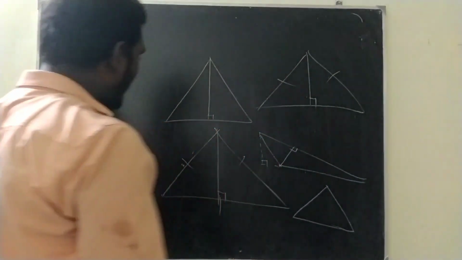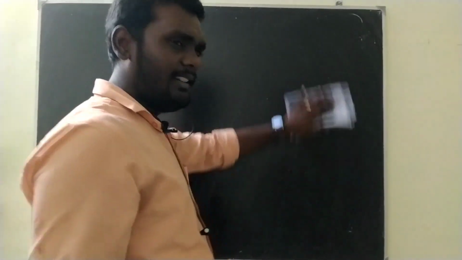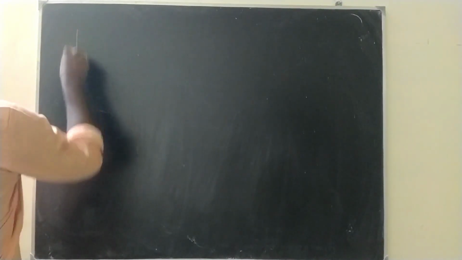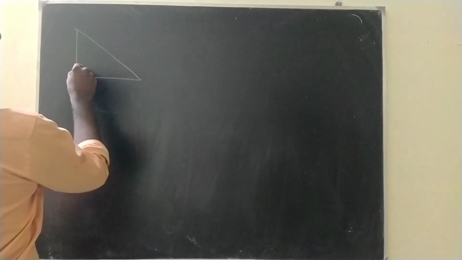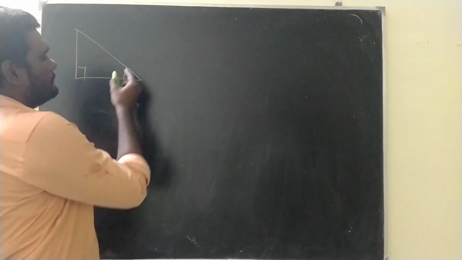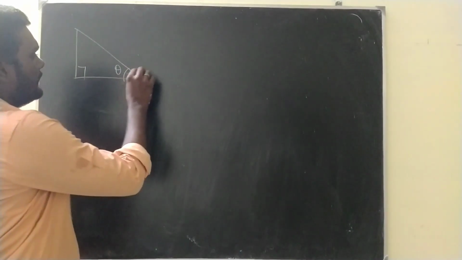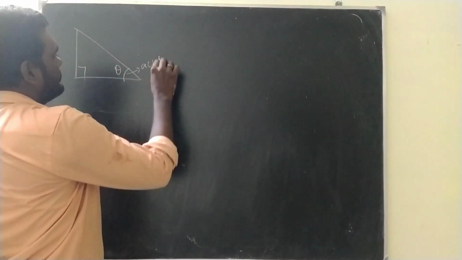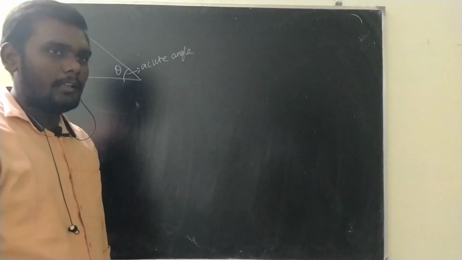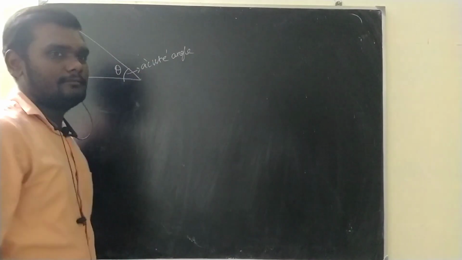Now, in that right angle triangle, we already know that one angle is 90 degrees. That is why it is called a right angle triangle. Okay, and there will be one more angle. That angle we can measure as theta, and this angle is an acute angle.